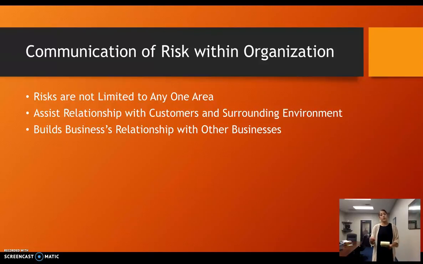So if other organizations are with you, they actually help with that word of mouth. So building a relationship with other businesses, this is the same thing. You want to keep it in your surrounding environment to reduce risk.